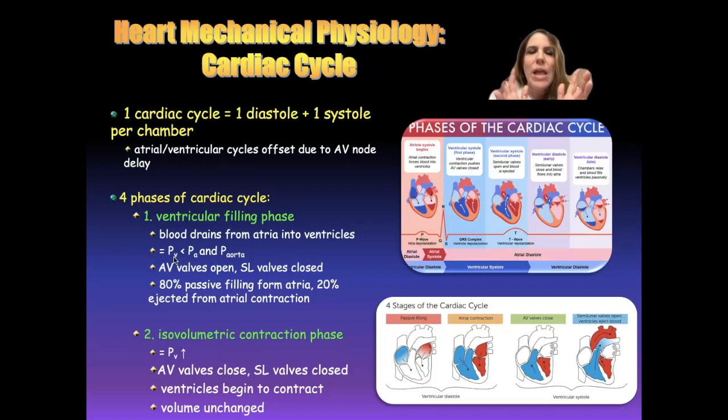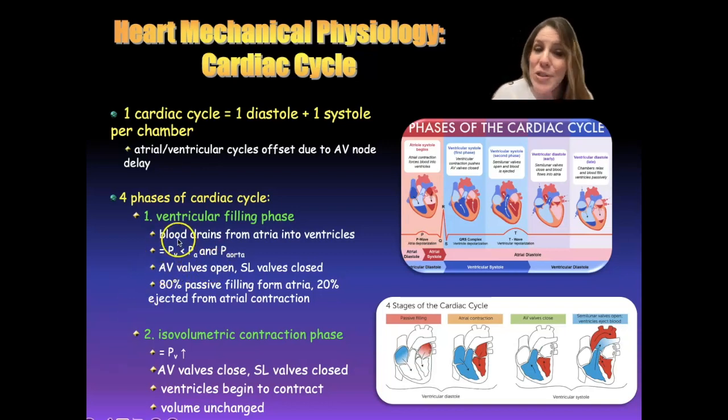So it's kind of relaxed. There's no pressure on the walls of that ventricle, whereas the atria, which are filled with blood, that blood is putting pressure on the walls of the atria as well as pressure on those AV valves. That blood wants to go from where it's greater concentrated in the atria to where it's lesser, or from where there's greater pressure to where there's less pressure.